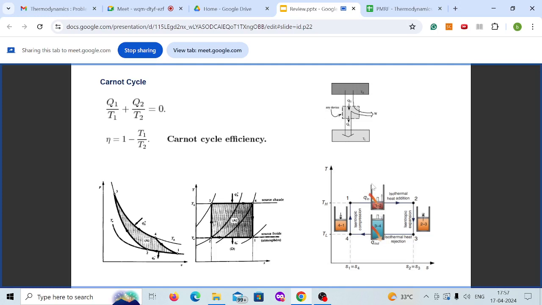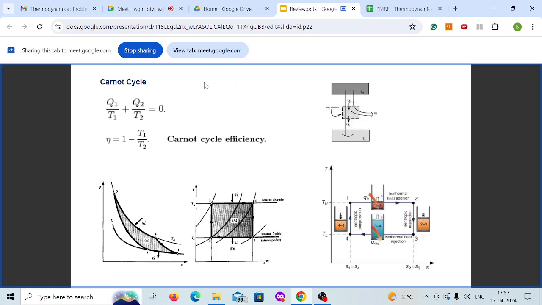In the Carnot cycle you have heat addition and heat rejection occurring at constant temperatures, Th and Tl, or you can say T1 and T2. So that becomes Q1 by T1 plus Q2 by T2 equals 0. Then I can take Q2 as negative, if you are assuming it to be rejected, then it becomes Q1 by T1 equals Q2 by T2.